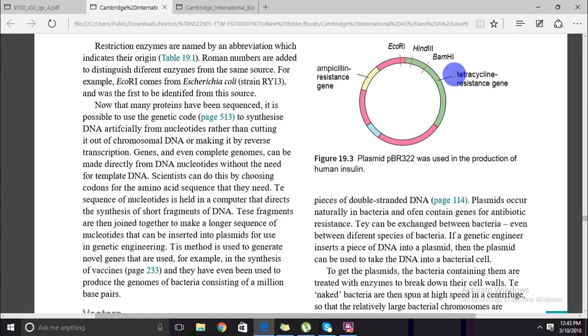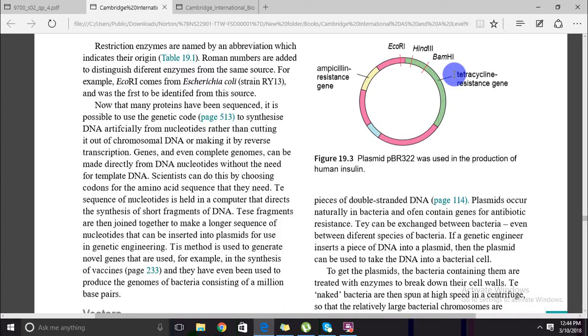And these plasmids can actually be exchanged between bacteria, even between different species. And that is why if a genetic engineer inserts a piece of DNA into a plasmid, then the plasmid can be used to take the DNA into a bacterial cell, because we are mimicking a natural process.